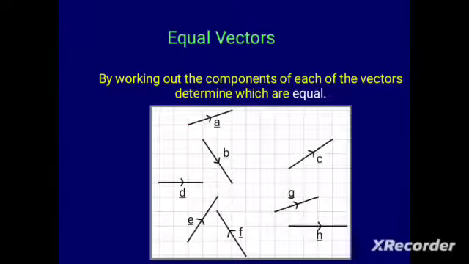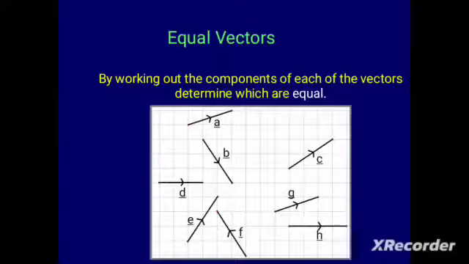Now, by working out the components of each of the vectors, determine which vectors are equal. Here we have vectors from A up to G up to H. We are supposed to determine which set of the vectors are equal.